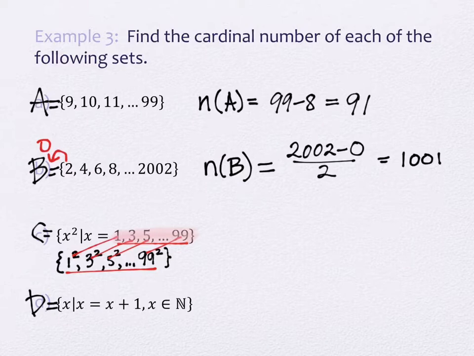So how many elements are there here? How many items are there from 1 up to 99? One of two things is going on.